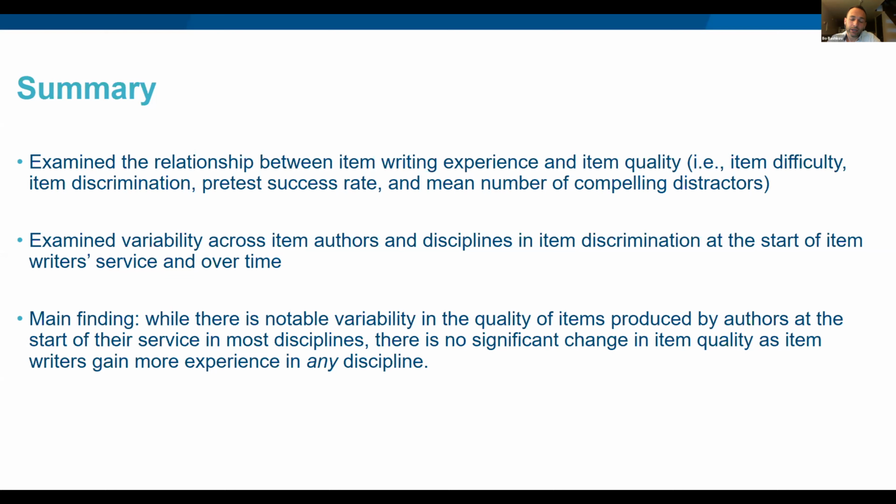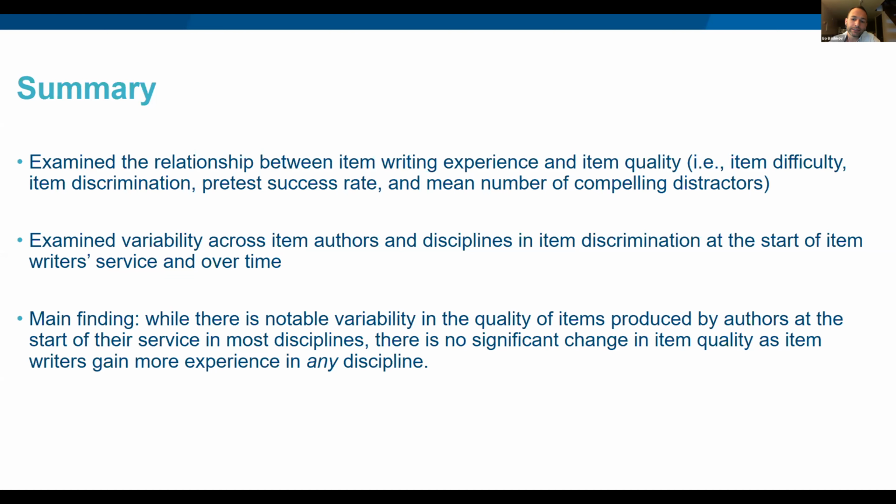We examined variability across item authors and disciplines in item discrimination at the start of item writer's service and over time. And our main finding was this: while there is notable variability in those intercepts at the start of their service in most disciplines, there is no significant change in item quality as item writers gain more experience in any discipline.